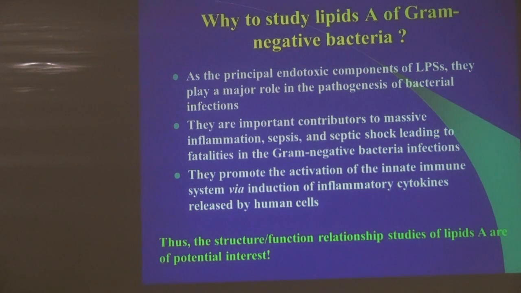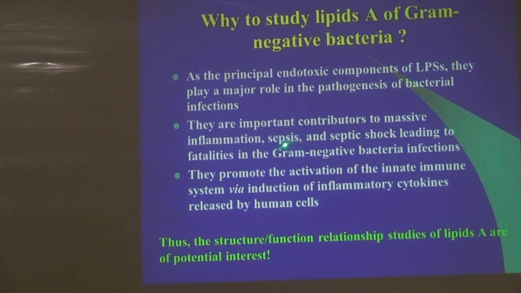Now I will switch from these sugars to lipid A, and again the question is why study lipid A of gram-negative bacteria. As I said already, these are principal endotoxic components, and they play a major role in the pathogenesis of bacterial infections.